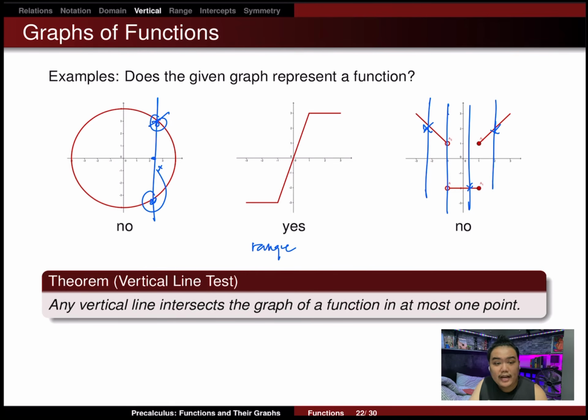Range ng function, function lang usapan. So, ang range dito ay yung mga y values lang na nagamit mo, si negative 3, bale po-project mo lang sa y yun. So, negative 3 hanggang 3. So, that is the range. Yun yung ibig niya sabihin doon. Yan yung mga y coordinates. Kokolektahin mo lang lahat.